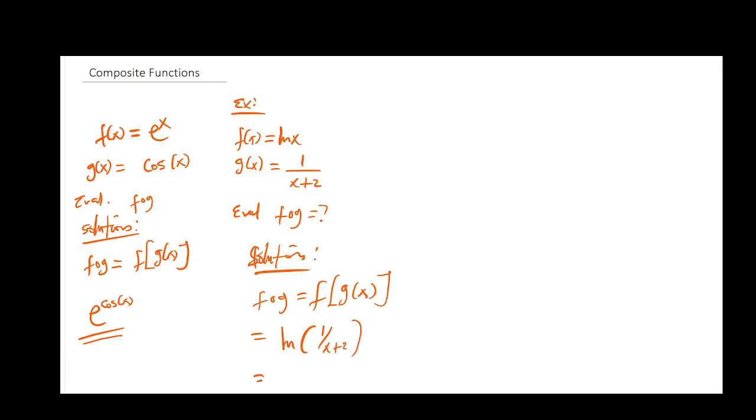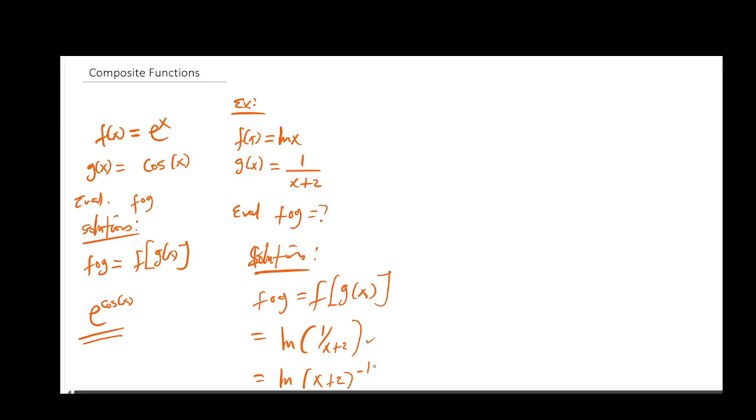And that will imply that our ln, we can take this to the top, right? We make this a linear function, which is possible. So we can have ln of x plus 2 raised to the power of minus 1.